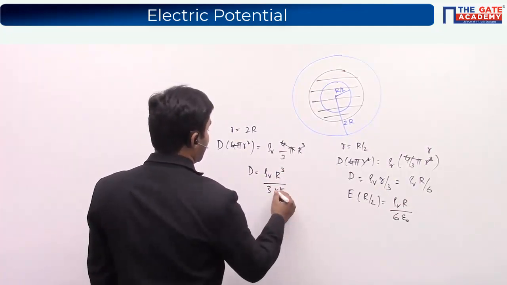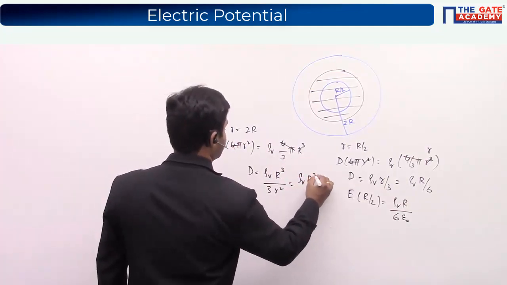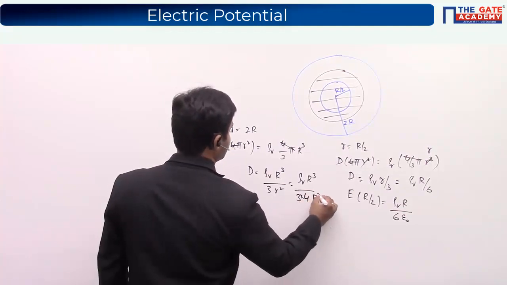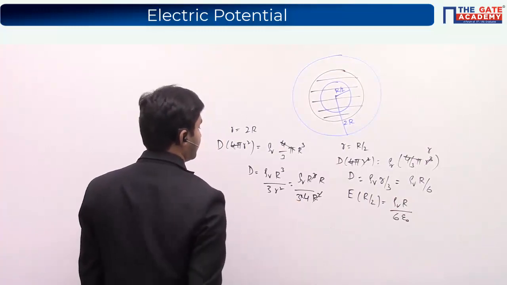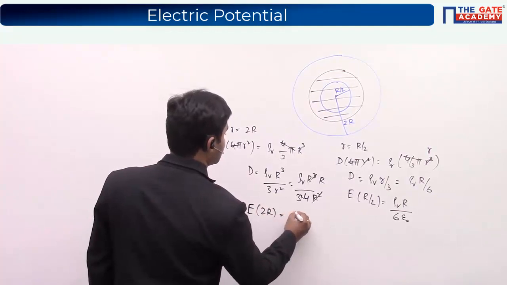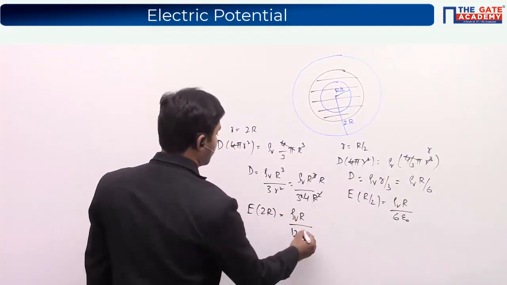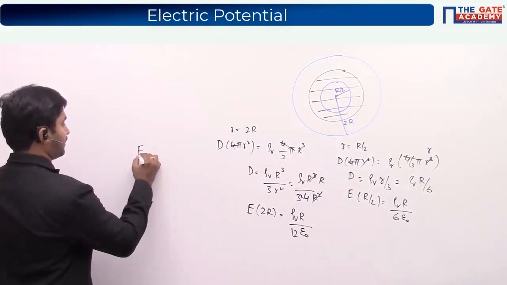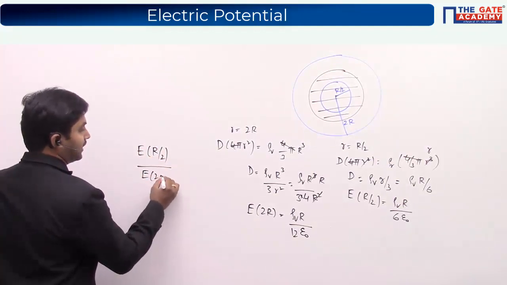Substituting small r equal to 2 capital R, rho v R cube divided by 3 into 4 R square, so capital R is left, and here it is 12. So the electric field at the distance of 2r is going to be rho v capital R divided by 12 epsilon naught, of course.